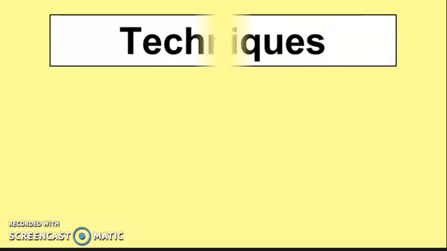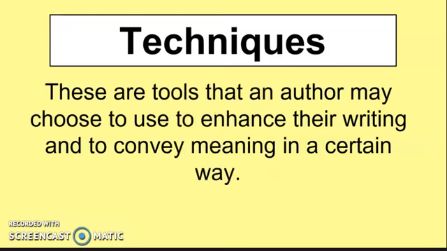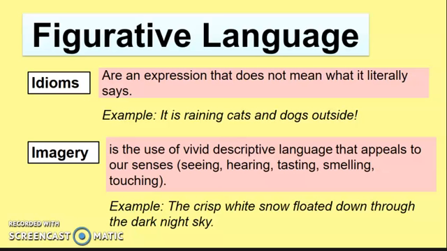Now let's proceed to the techniques used in drama. When we say literary techniques, these are the tools that an author may choose to use to enhance their writing and to convey meaning in a certain way. Some of these are figurative language.